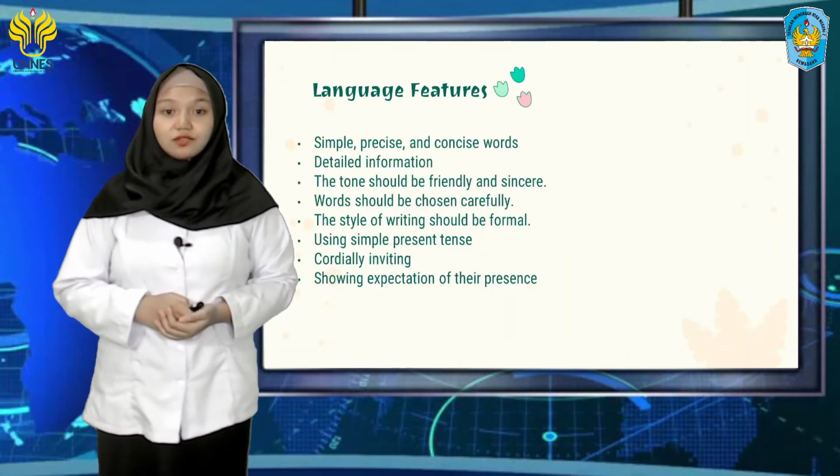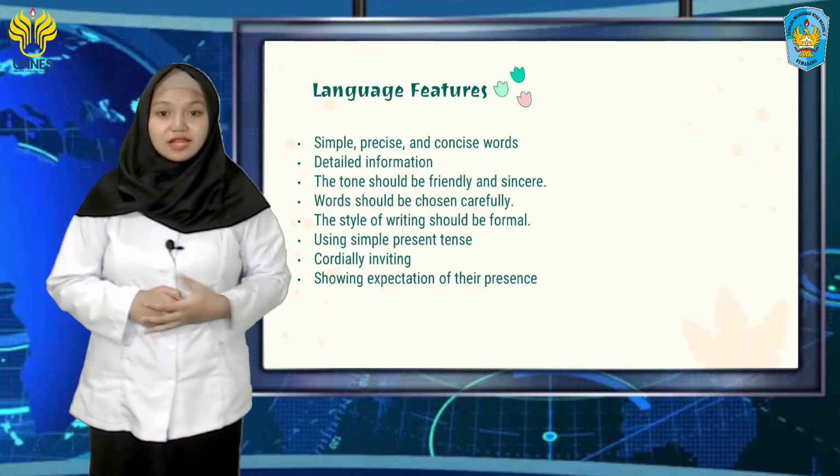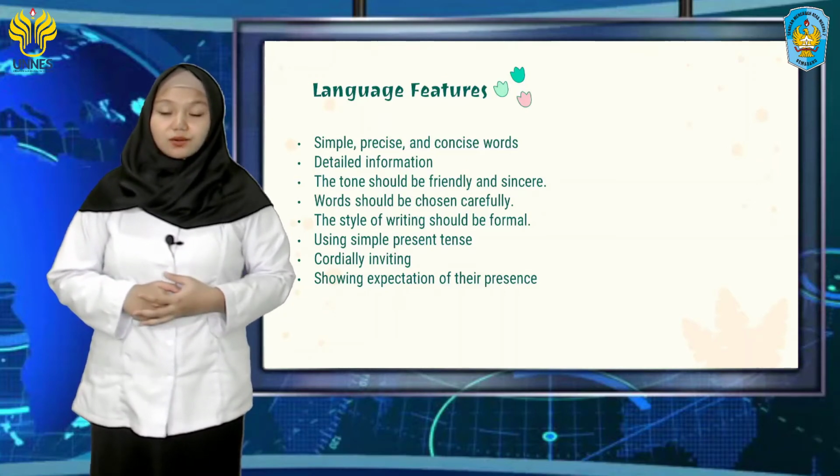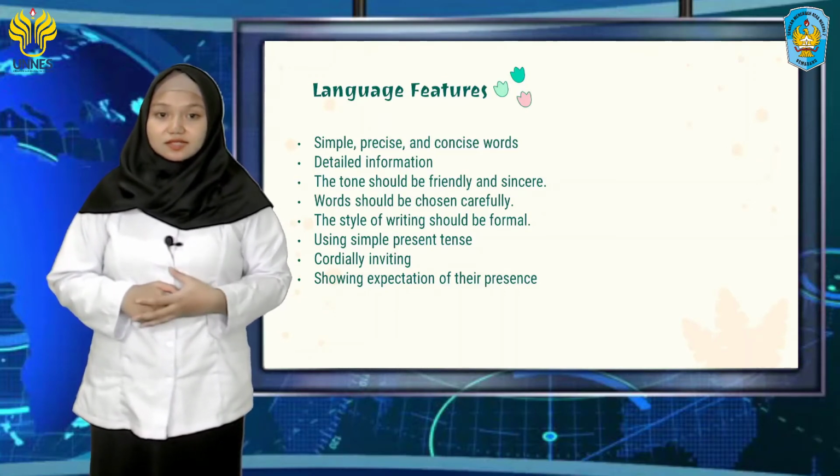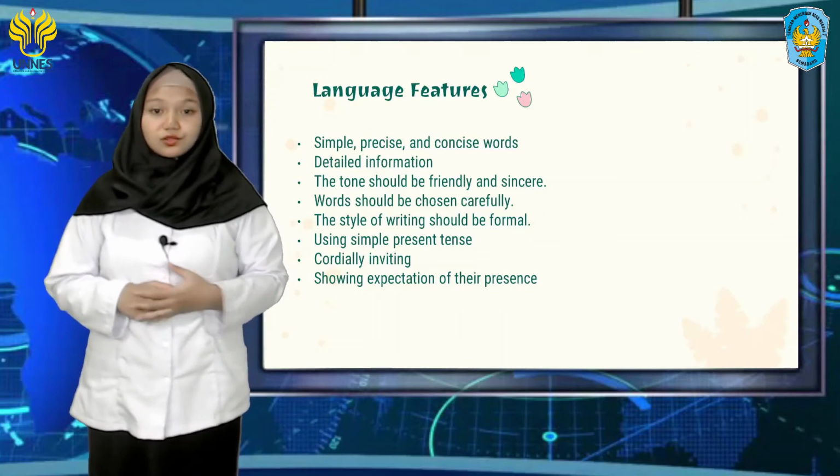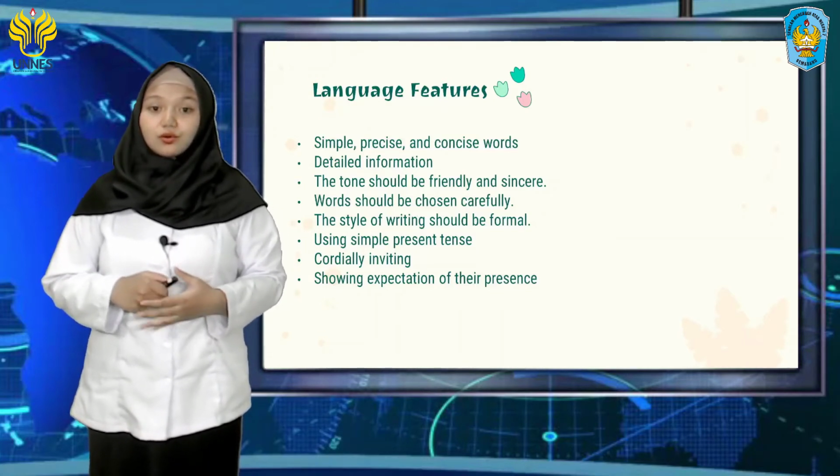Here are the language features. The first one, simple, precise, and concise words. So the words or sentences are simple and also to the point. What event, to whom, and so on.